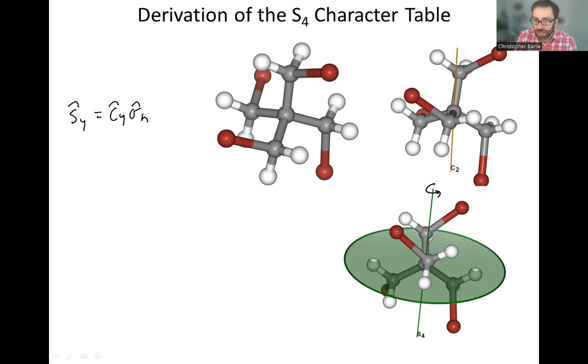So this bromine, for example, if we rotate it 90 degrees, it's going to end up over here. We're going to do that rotation, and then we're going to flip it down into that bromine. So that's how there's symmetry. Similarly, you can see for this hydrogen, we rotate it to where this bromine is, 90 degrees, and then we flip it down below the mirror plane where the hydrogen is.